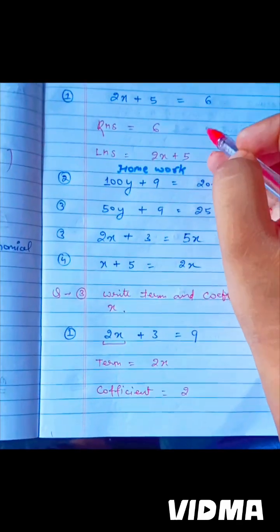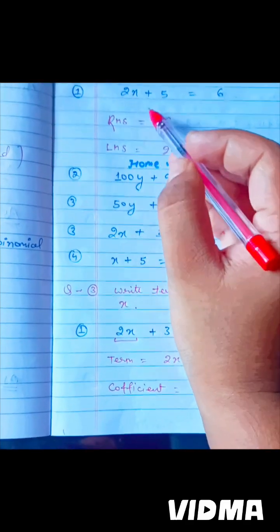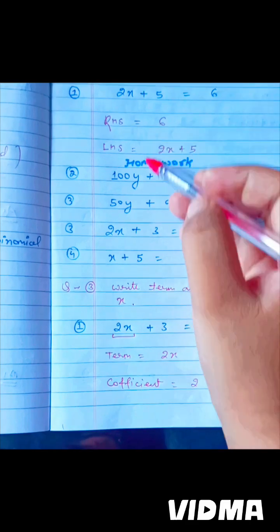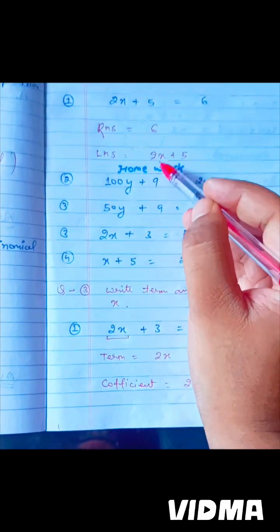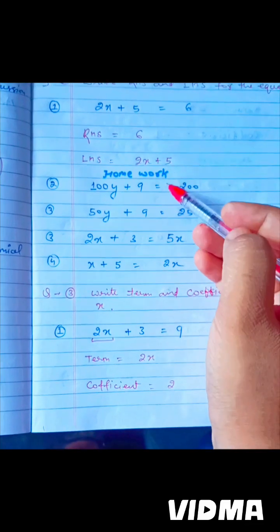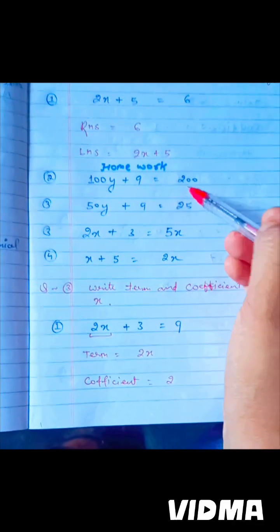There is 6 in the right hand side, so it is RHS, and the 2x plus 5, these are two terms on the left side of the equation, so that is the LHS of the equation. The same question you have to do in this homework, 100y plus 9 equals 200.